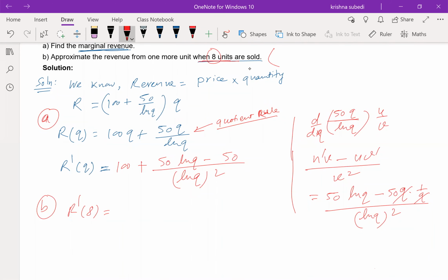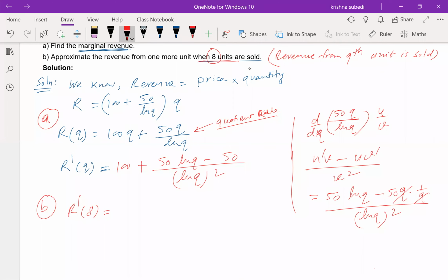So this gives us the revenue from the 9th unit. That's what it means. All right, so R prime of 8. That's the definition of marginal revenue.